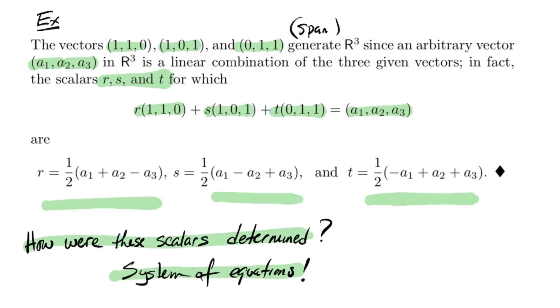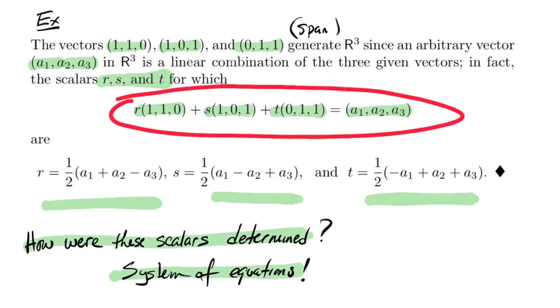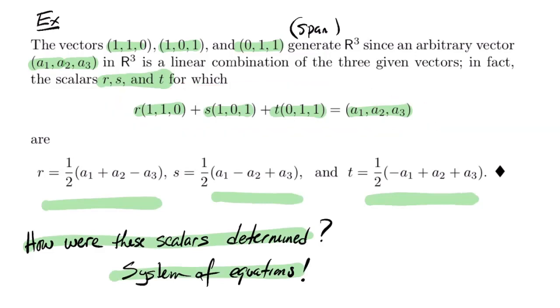It all comes from looking at the three coordinates. If I push this R through there, I would get R, comma, 0, comma, R. This one would be S, comma, 0, comma, S. This one would be 0, comma, T, comma, T. And that has to equal A1, A2, and A3.